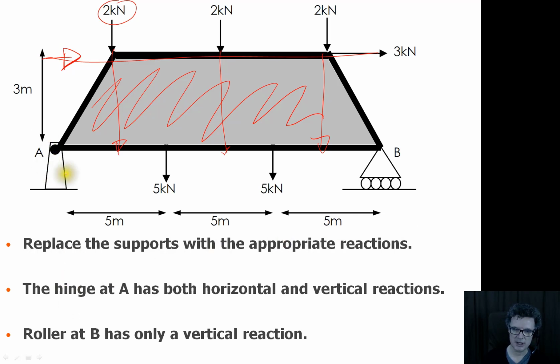And I was taking into account that the hinge has horizontal and vertical reactions, and that this one had only a vertical reaction. Okay, so that's all the stuff that we should be okay about.